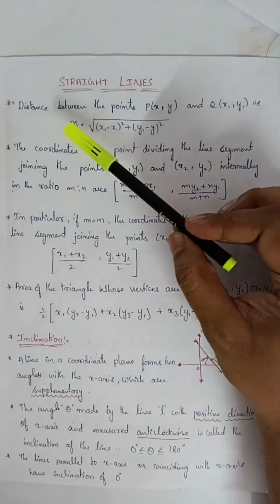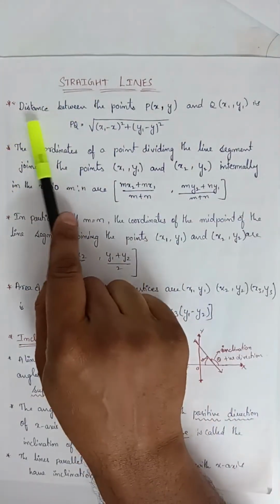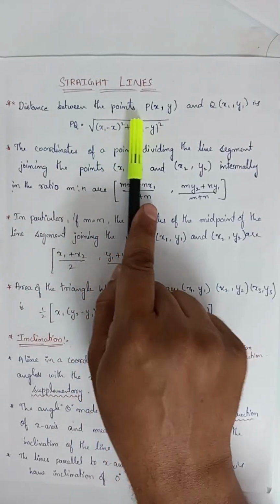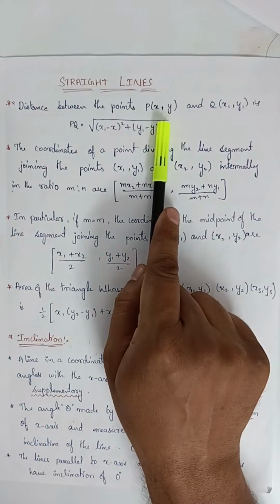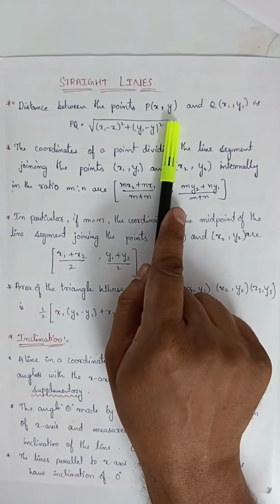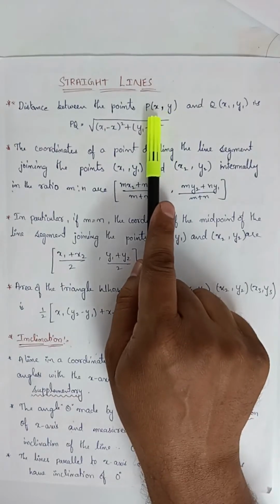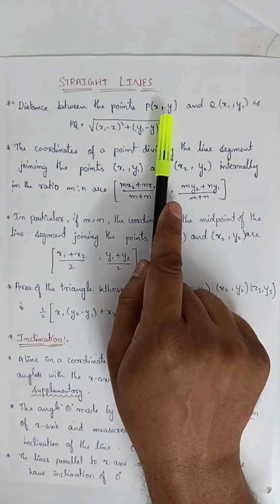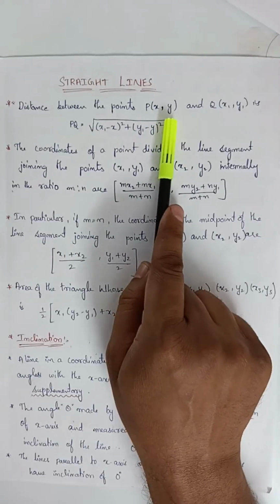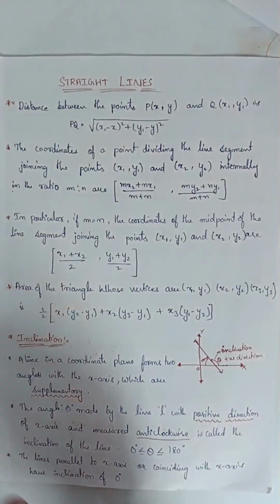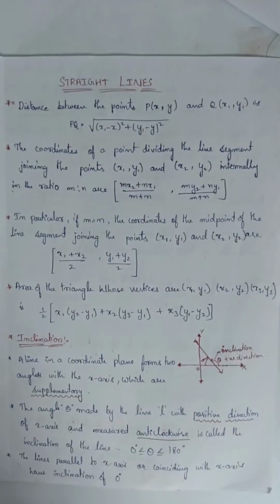First formula is distance. So if there are 2 points, how to find the distance between the 2 points? Suppose the first point P is X1 and Y1, and Q is X2, Y2.